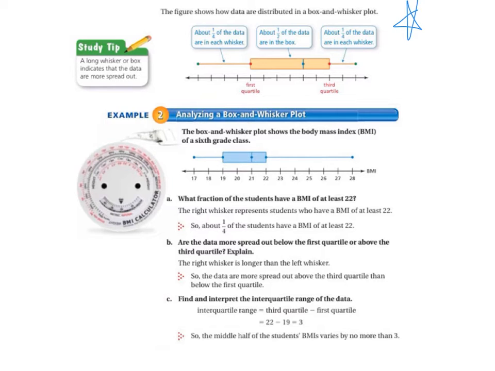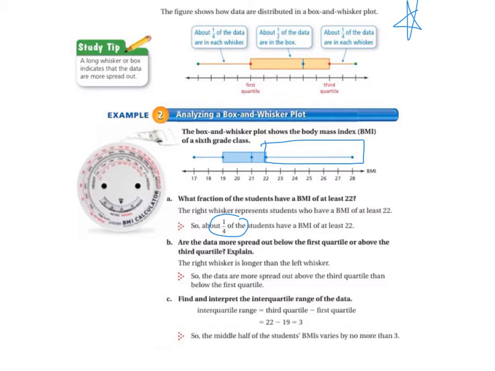If we look at 22 on the number line, the right whisker is where that is, and it says the right whisker represents students who have a BMI of at least 22. So about 1/4 of the students have a BMI of at least 22.